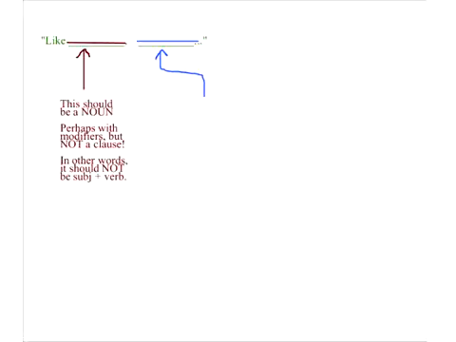So this should be, if you want to call it, and I think it's called independent clause, but the point is this should be a sentence, and it should start with the noun that's comparable. This should be a whole sentence, which I believe they call independent clause, if you like those kinds of words. And it should start with the comparable noun.